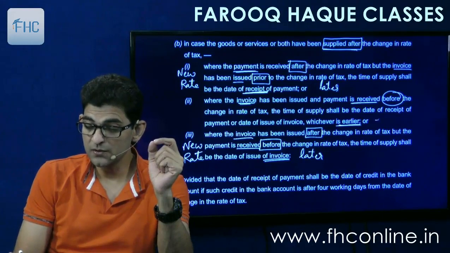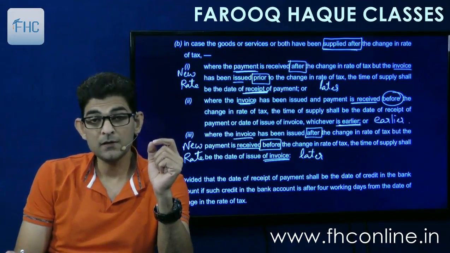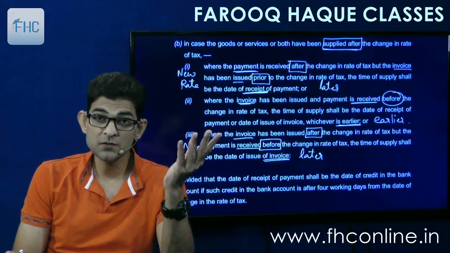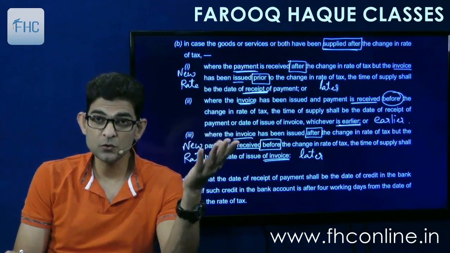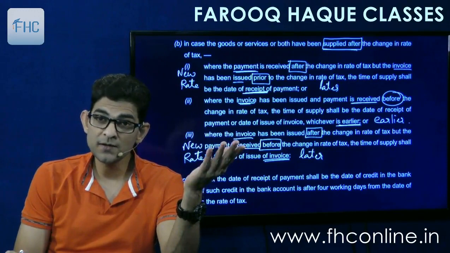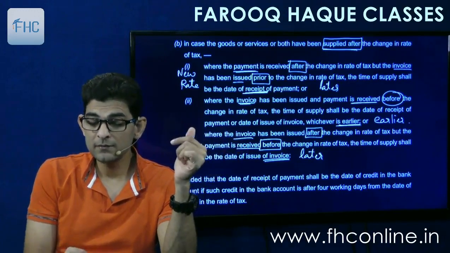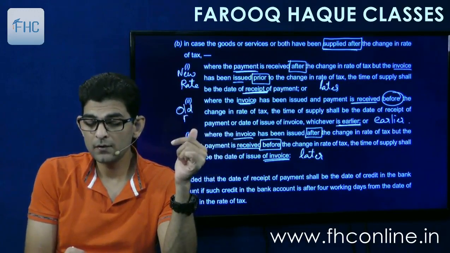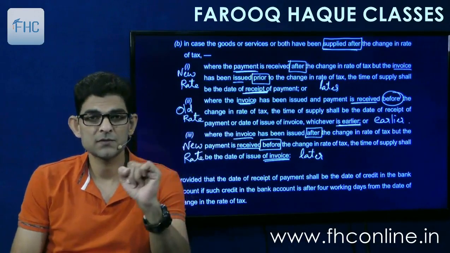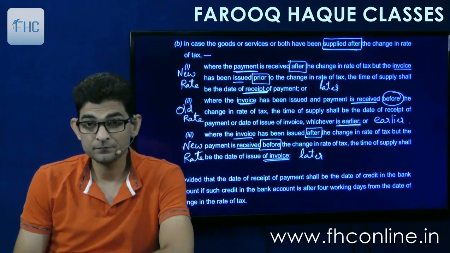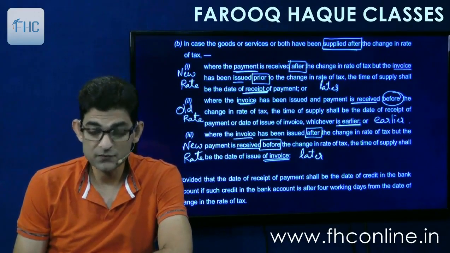So here the rule is earlier. And both of them are before the change. So if you take earlier also, that will be before the change only. Therefore you will apply the old rate of tax.